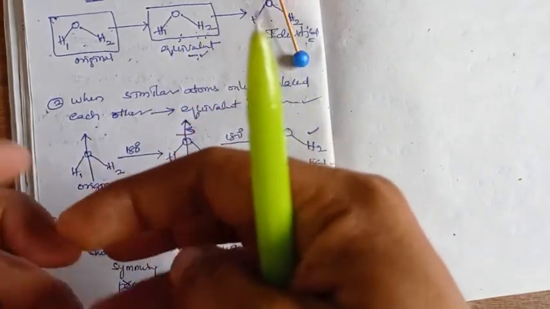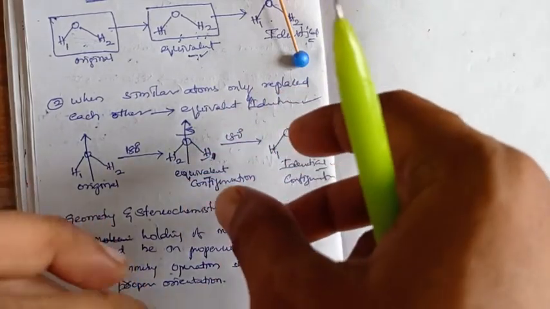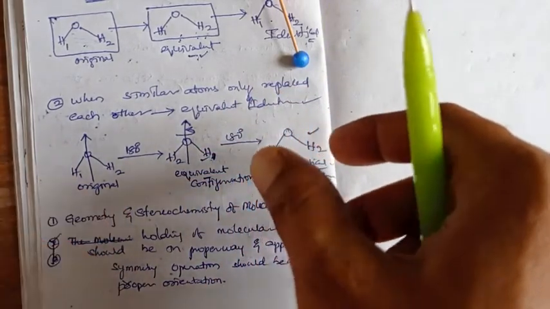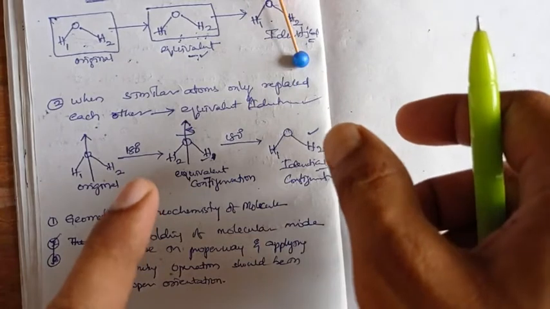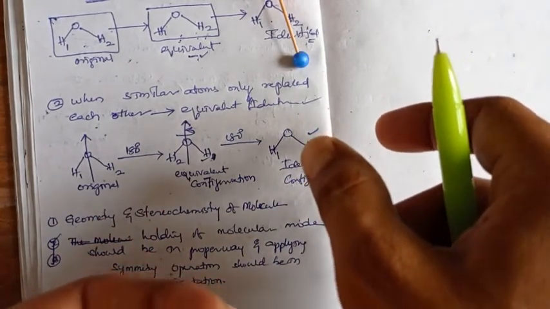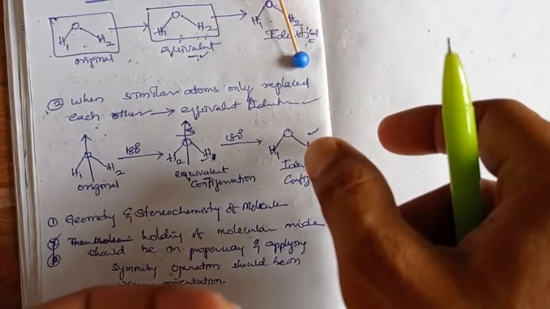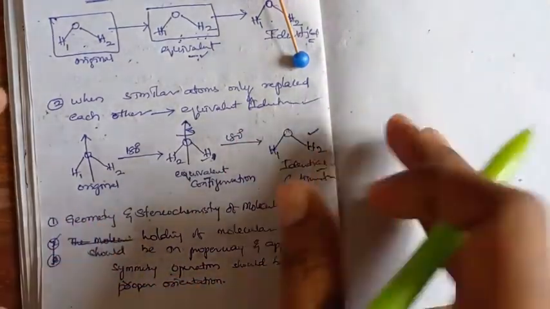In the symmetry model we assume that we are applying the symmetry operation, and the change will be observed. So that's how the symmetry models should be held in a proper orientation. Otherwise it leads to an error.